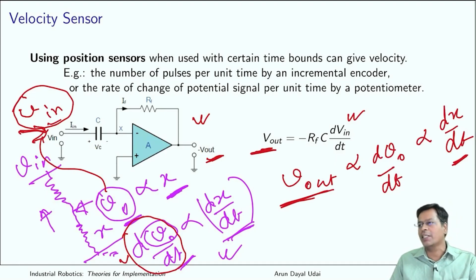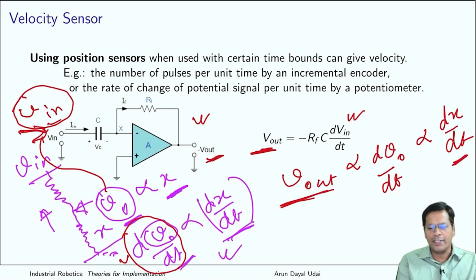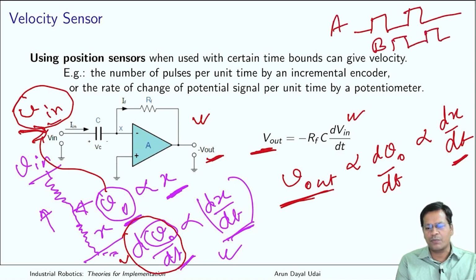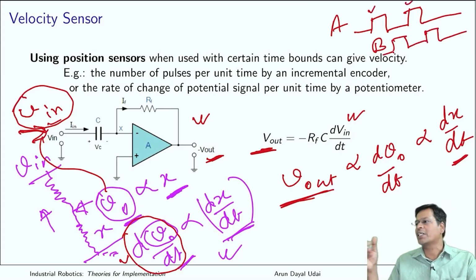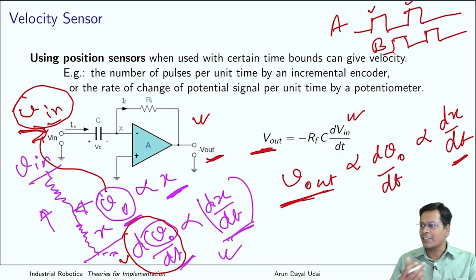In the case of an optical encoder, you saw the output from phase A, and similarly from phase B there was a shifted voltage output also. If I can measure the number of peaks per unit time, that will directly give me a sense of velocity. The number of high pulses in A or B, either channel, gives the velocity.